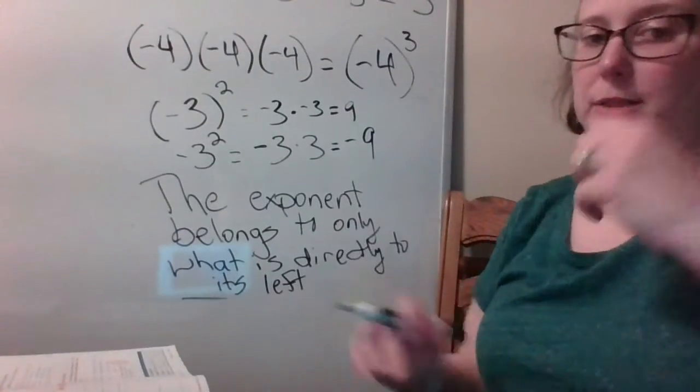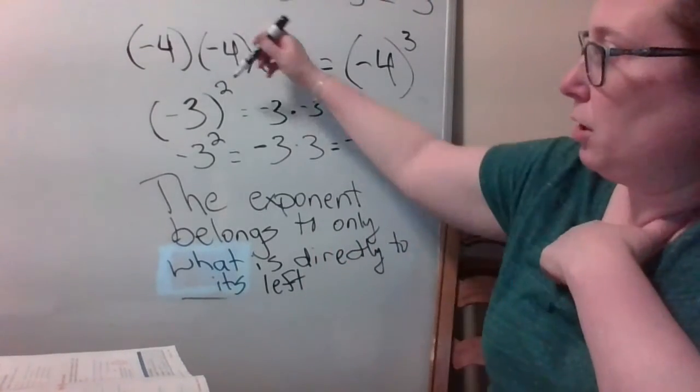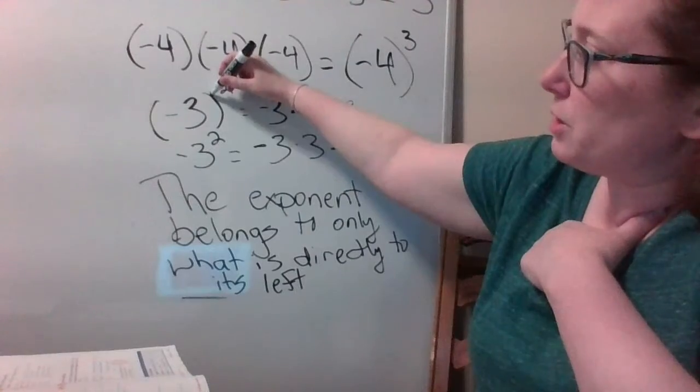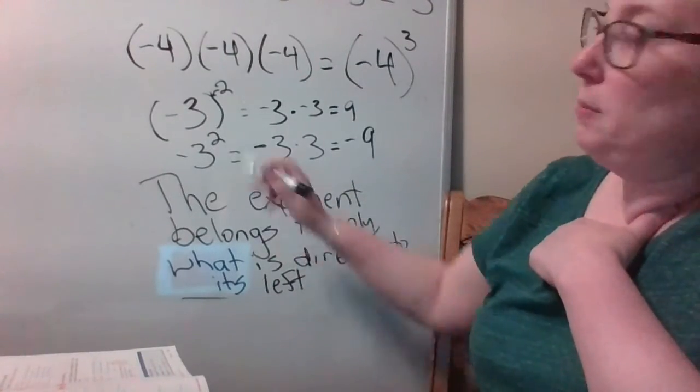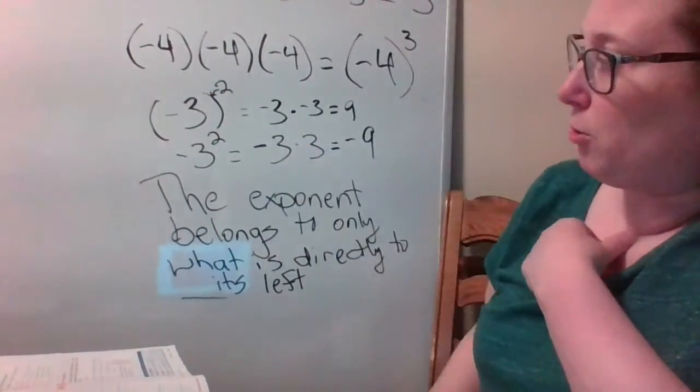So when we say that the exponent belongs to only what is directly to its left, directly to the left of this exponent is the parenthesis. What that means is everything in the parenthesis is being taken to that power.